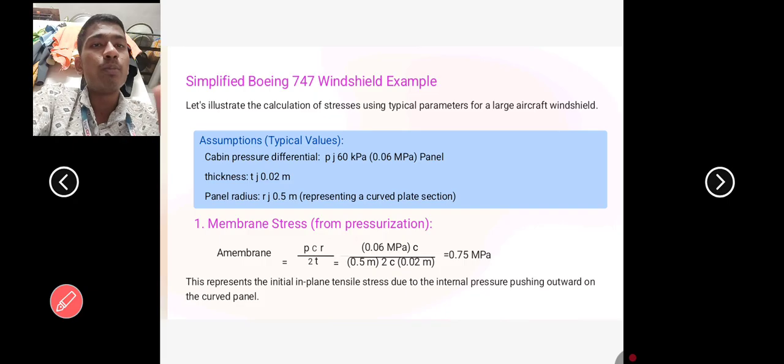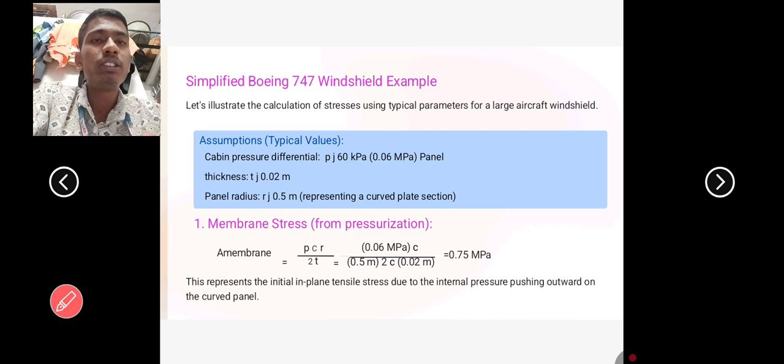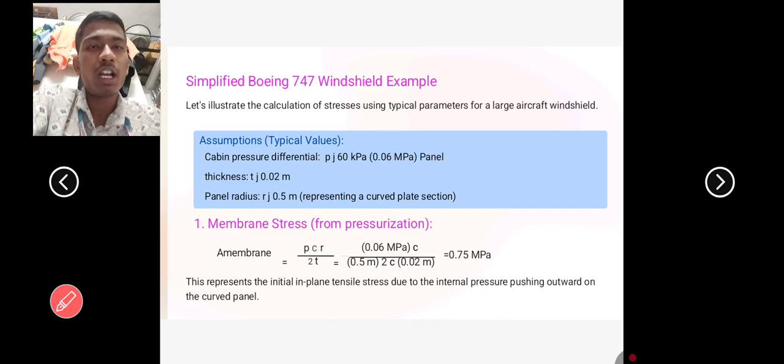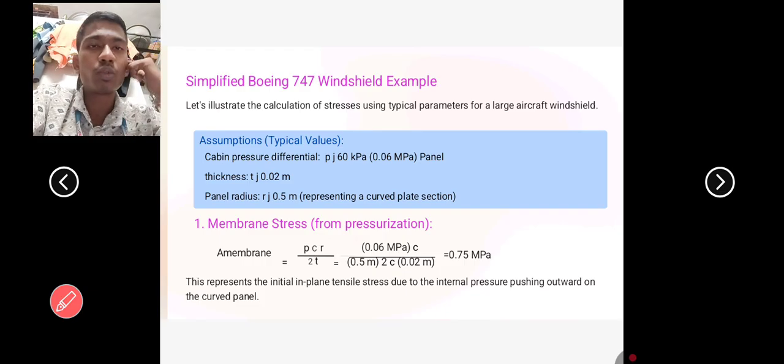Simplified example: here we take one example, a Boeing 747 windshield. Let's illustrate the calculation of stress using typical parameters for a large aircraft windshield. We assume a cabin pressure differential of 60 kilopascals, panel thickness of 0.02 meters, and panel radius of 0.5 meters.